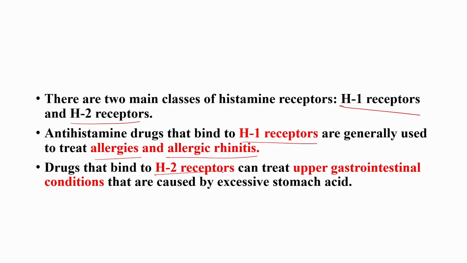The drugs that bind to H2 receptors are used to treat the upper gastrointestinal conditions that are caused by excessive stomach acid. The antihistamine drugs that act on H1 receptors are mainly used to treat allergies and allergic rhinitis.